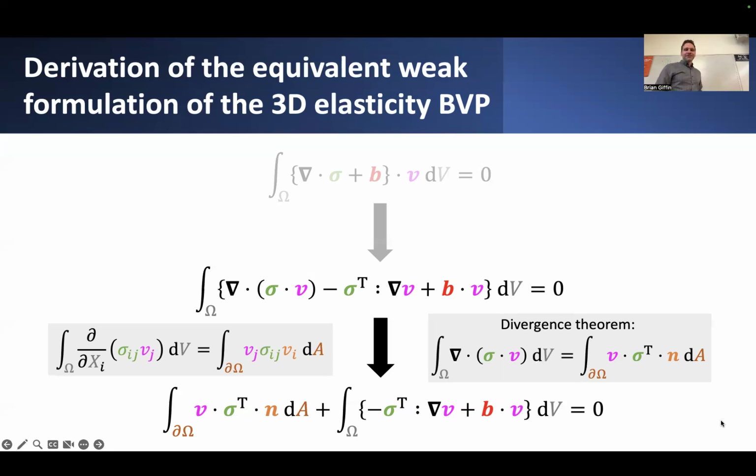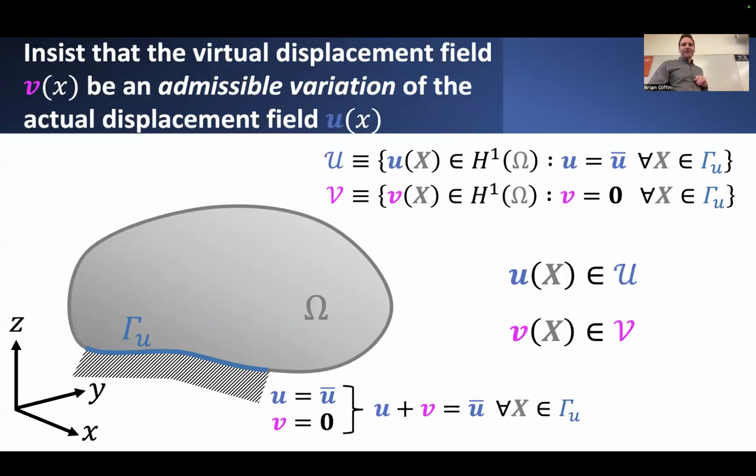Okay, so we've manipulated things into this slightly different format, and notably, in taking this step, we've gotten rid of having to use some divergence of a term involving the stress tensor. So we've gotten rid of the differentiability requirement on the stress tensor by manipulating things into this format.